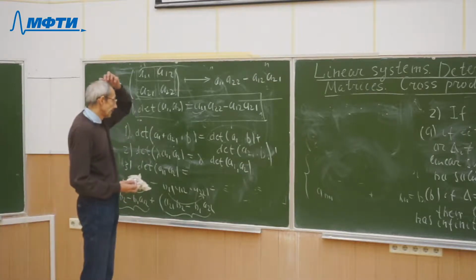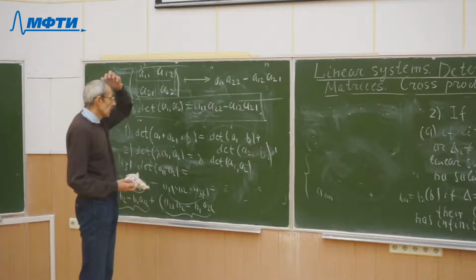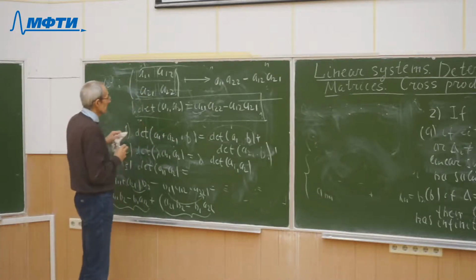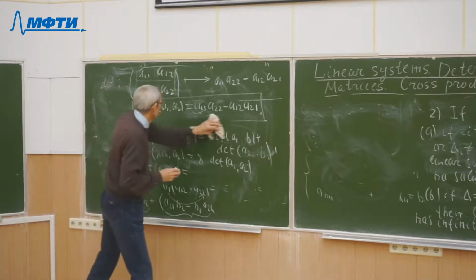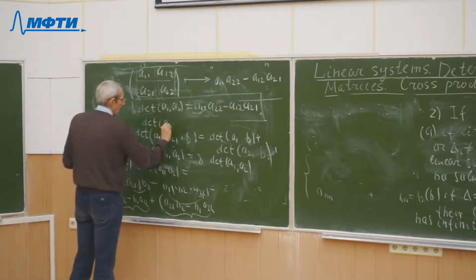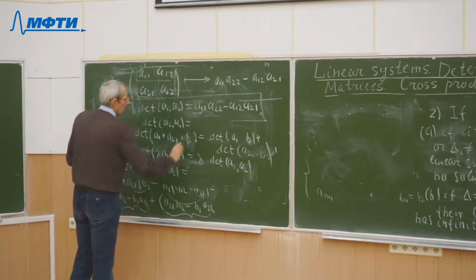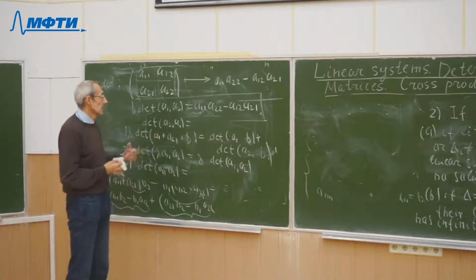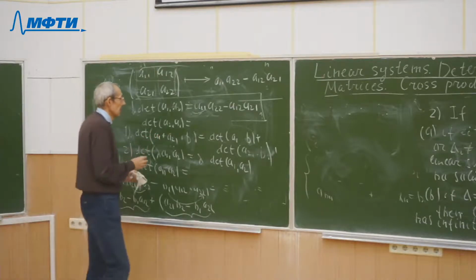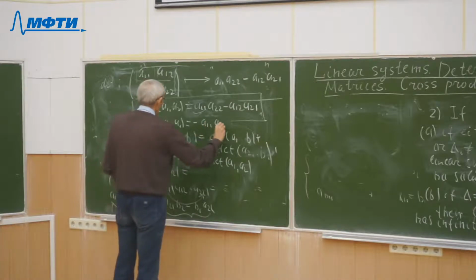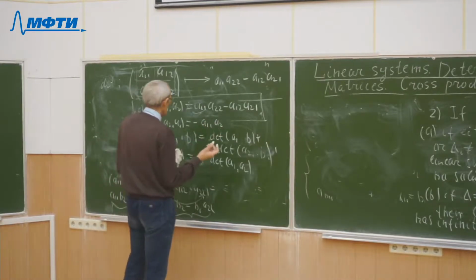If I permute the rows in the expression for the determinant, the right side of this expression changes its sign.